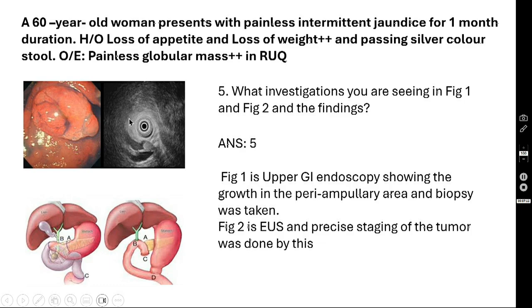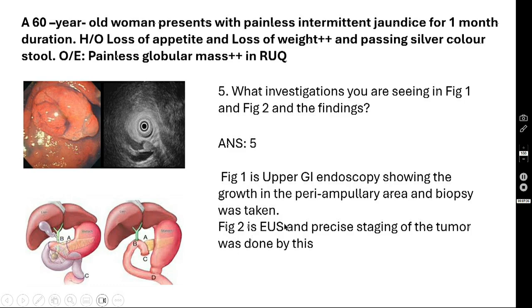Figure 2 is endoscopic ultrasound, where precise staging of the tumor can be done by this investigation. EUS is the best investigation for staging any GI tumor, starting from the esophagus to the anus, wherever the GI tumors may be.